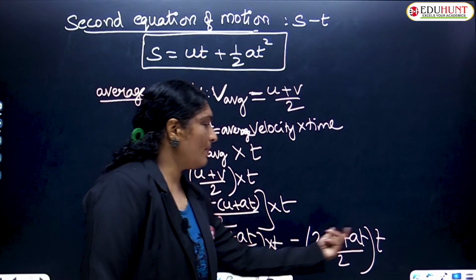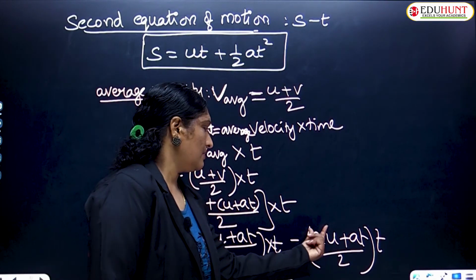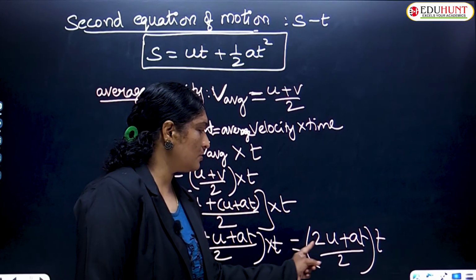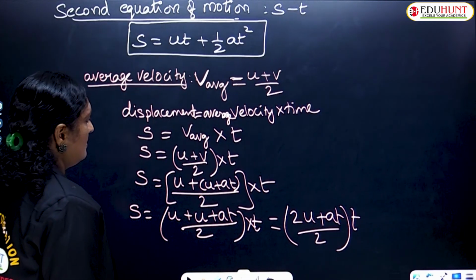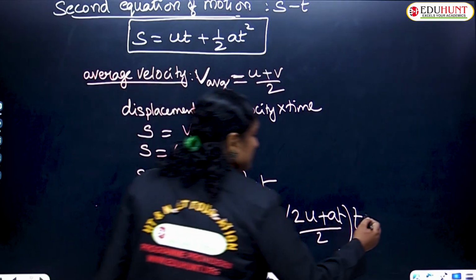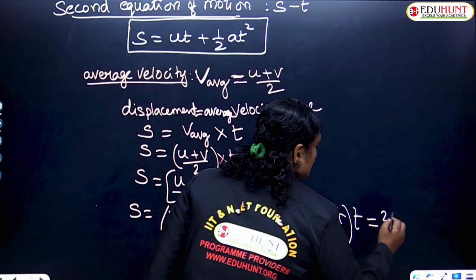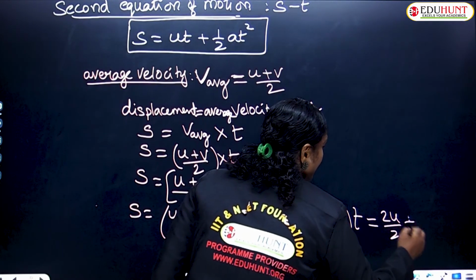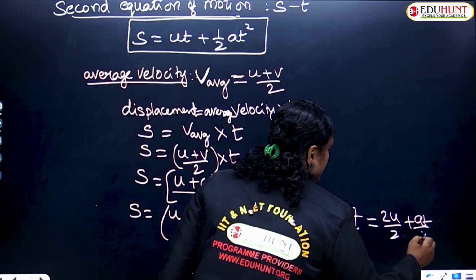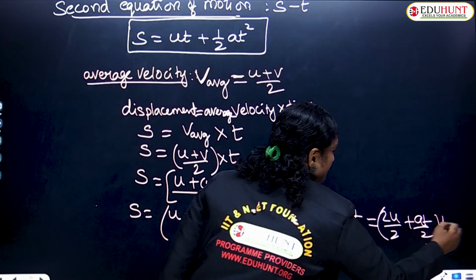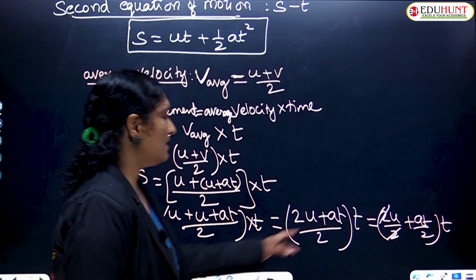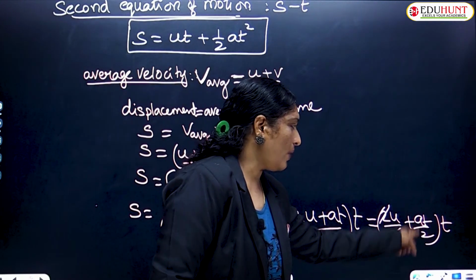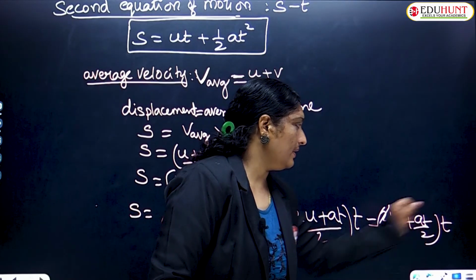This 2 is common for both the terms. For your simplicity, I'll rearrange the terms like this: (2u by 2 plus at by 2) whole into t. This 2 and this 2 cancel. So what are you left with, children? u plus 1 by 2 at, into t.